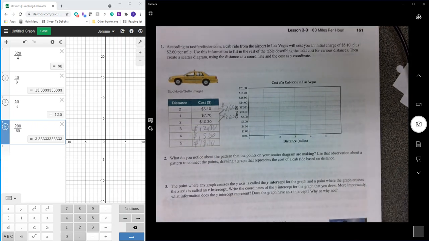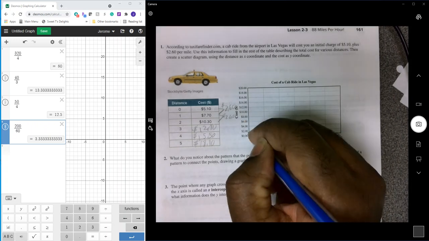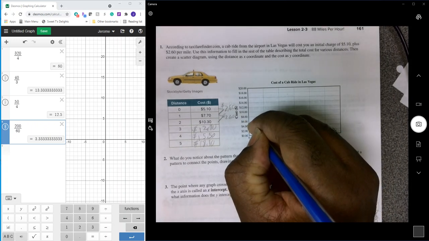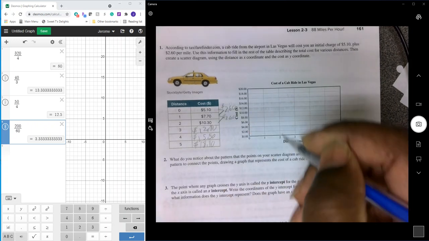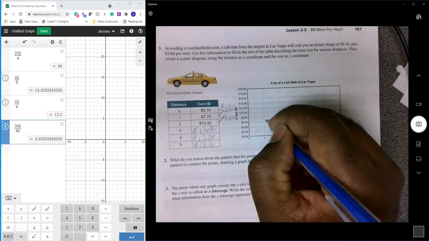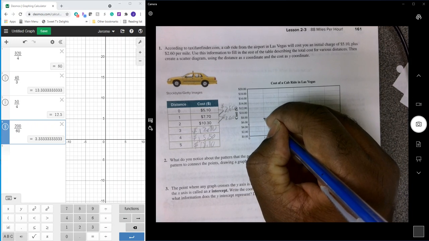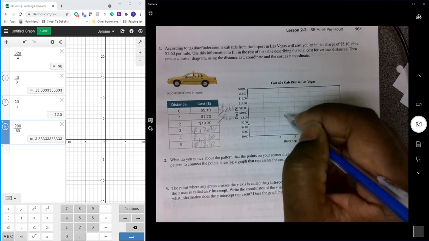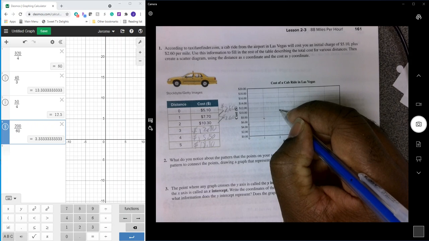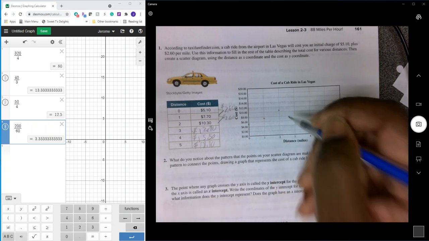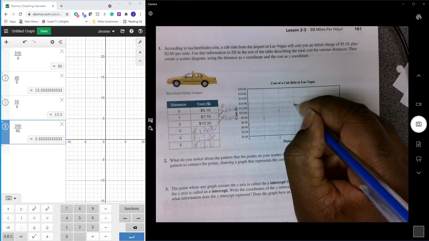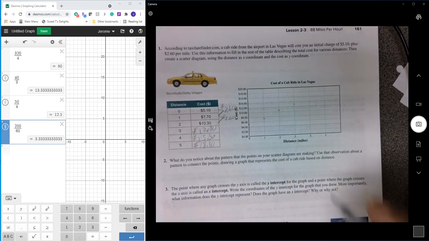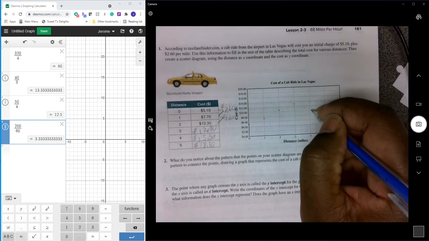Okay, now we will plot these points. We have 0 and 510, which would be a little bit above half. Then we will have 1 and 770, should be about here. Then we will have 2 and 1030, should be about here. 3 and 1290, should be a little bit from the center. And then 4 and 1550.